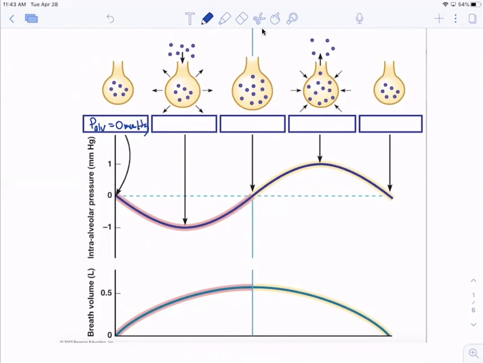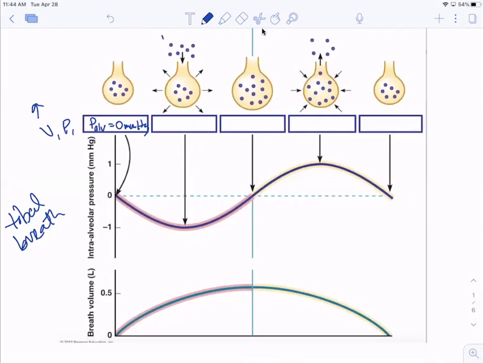And this is normal tidal breathing, a tidal breath. And as the thoracic volume increases, so this would be P1, as we increase the volume of the thoracic cavity, this is going to expand.